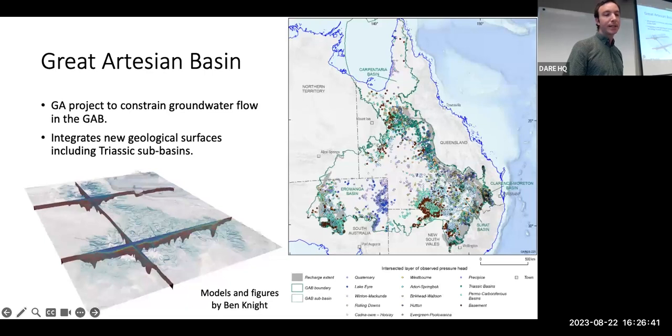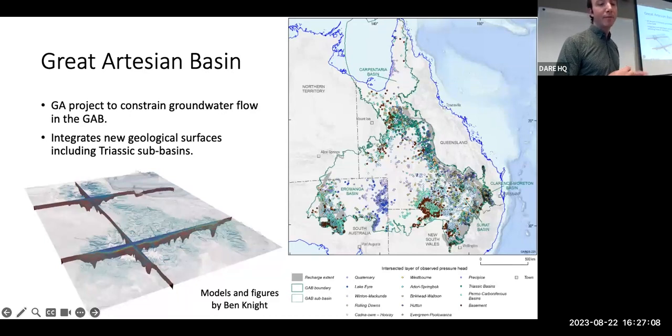And so this is some future work. Essentially, we're going to try and apply our existing workflow for the Sydney Gunnedah Bowen Basin, but then upscale that to the whole Great Artesian Basin. So this integrates new geological layers from Geoscience Australia, and they've been working hard to constrain all these undulating geometries within the basin.